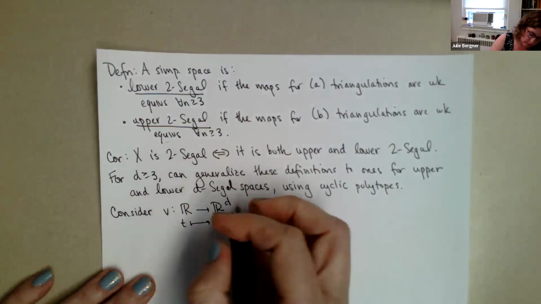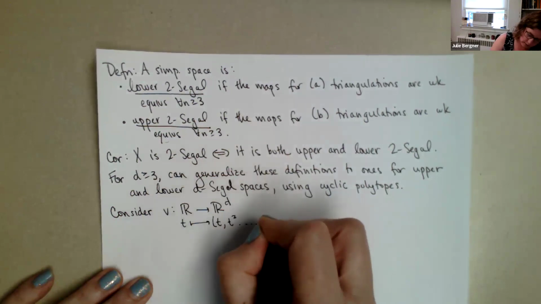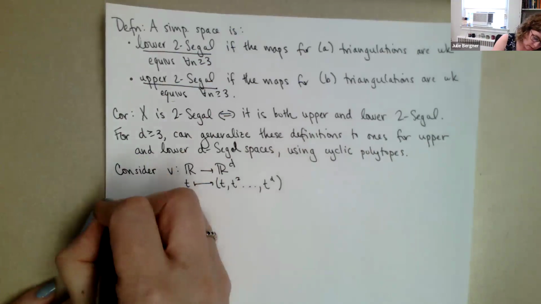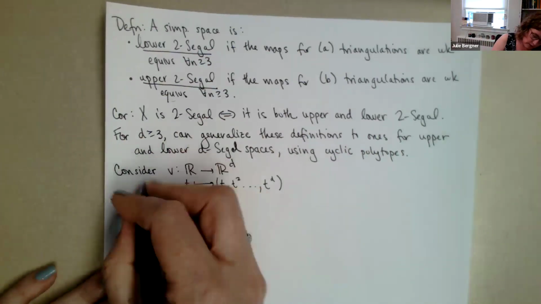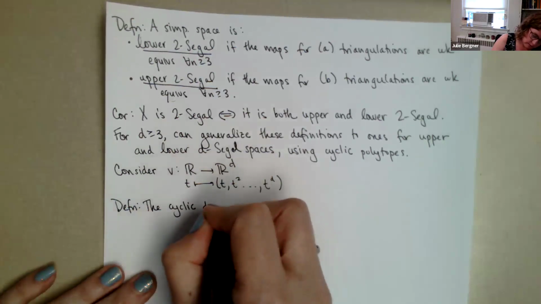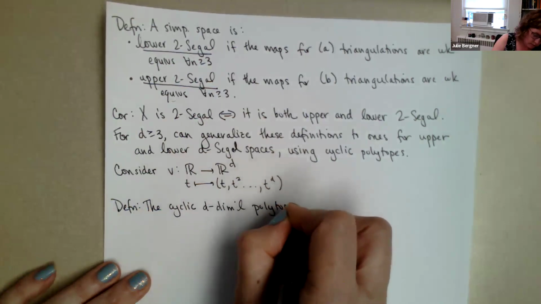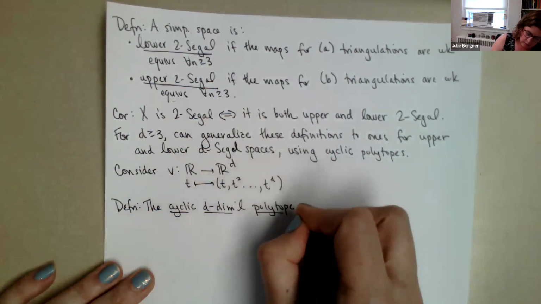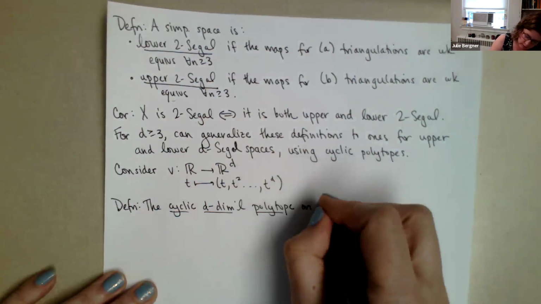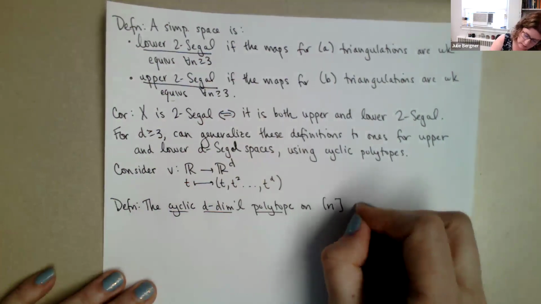This sends a real number t to the D-tuple that's just the powers of t from 1 up to D. And then the cyclic D-dimensional polytope, you can do this on other sets, but I'm just going to do it on the underlying set of the ordered set n.